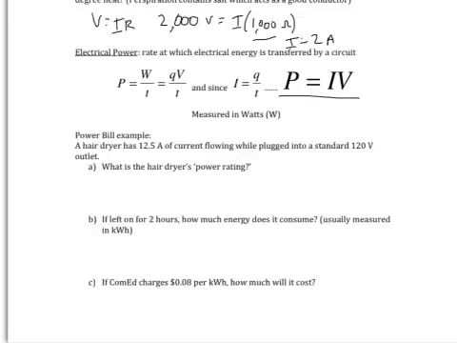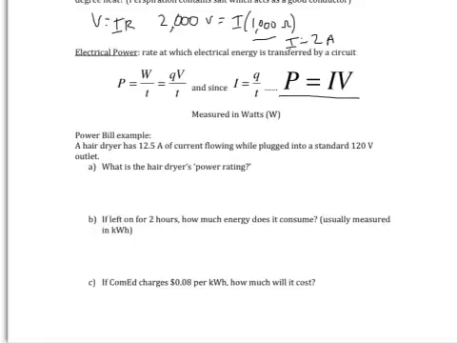So something like a washing machine has a much larger power rating than something like an electric toothbrush or a phone charger. A good example, a phone charger that's plugged in maybe longer than a washing machine is used. So different power ratings will affect the amount of energy that's used.